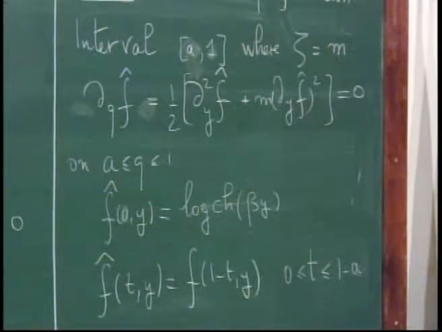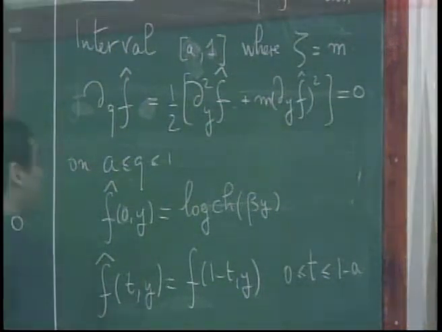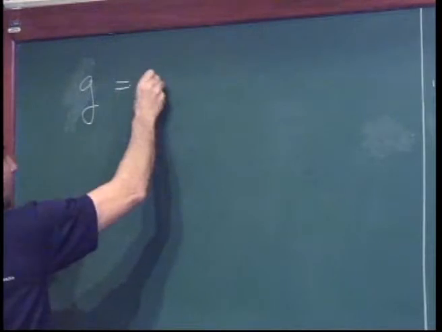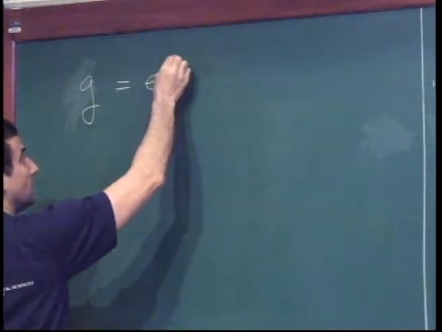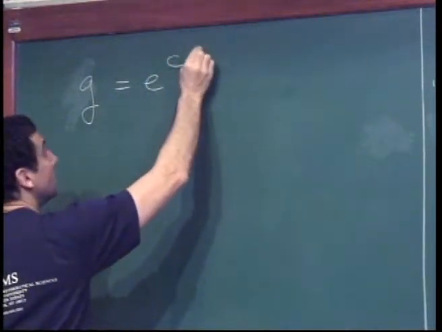You consider f to be, let's say, so I have to be careful about who is the log and who is the exponential. Yeah. Let me consider, let's say, a function g to be exponential of some constant c times this f hat.